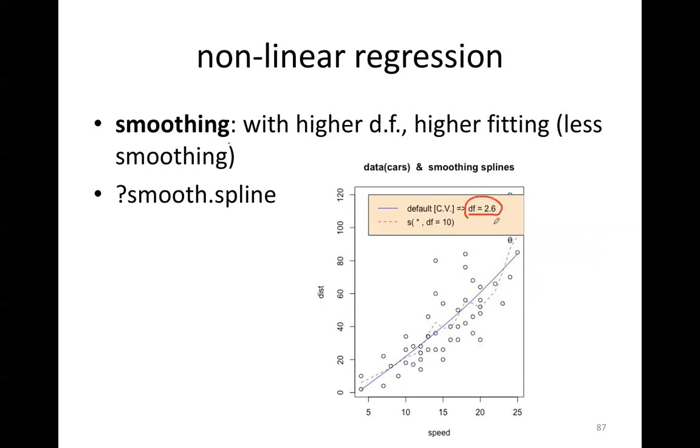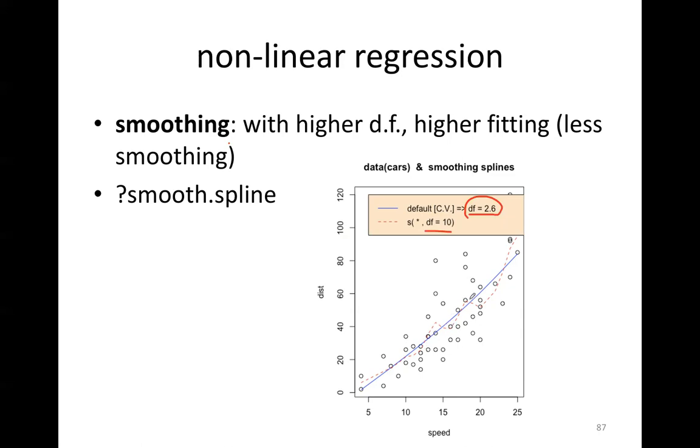Degrees of freedom is a measure of how much smoothing you allow. You get some kind of slightly curved curve, whereas if you allowed a higher degrees of freedom, that would mean higher flexibility. So then that would create this regression curve, which is much more flexible, as you see.